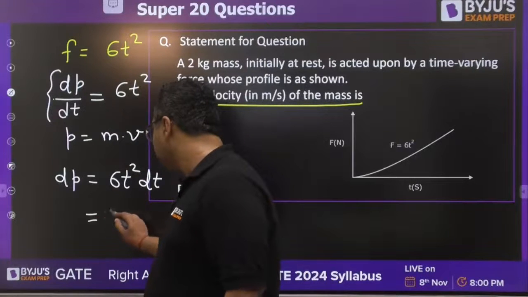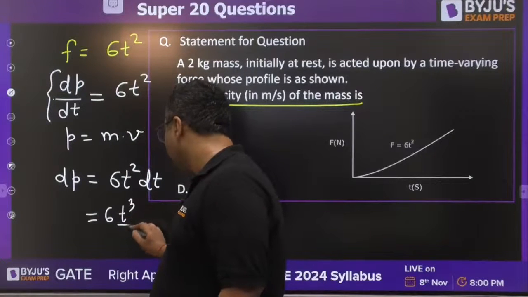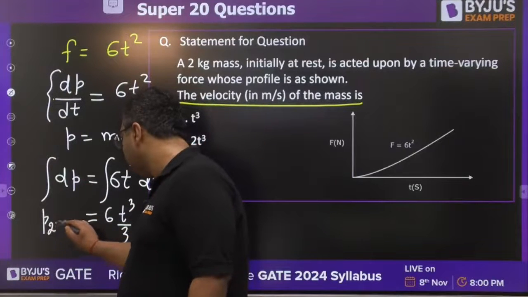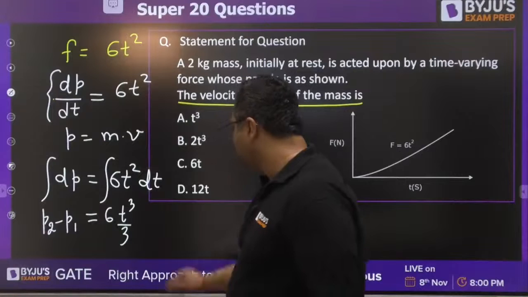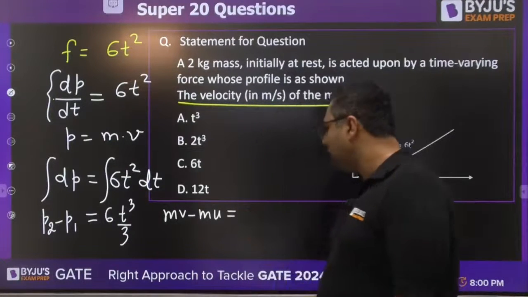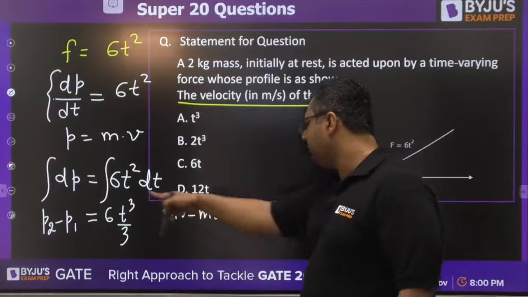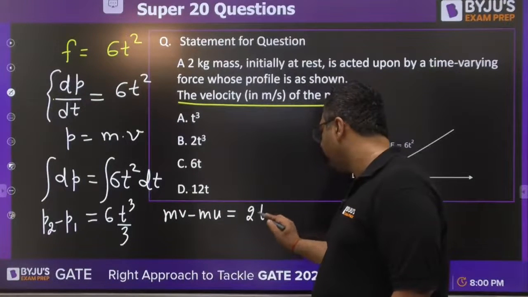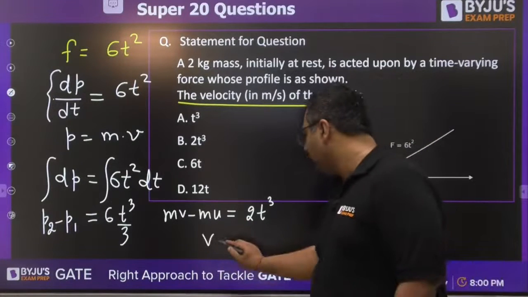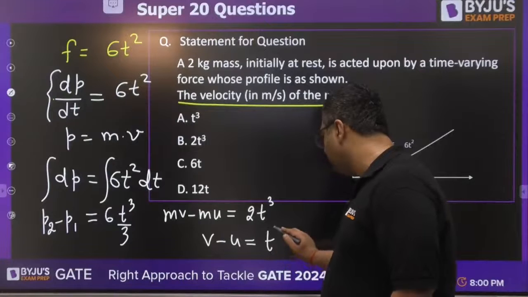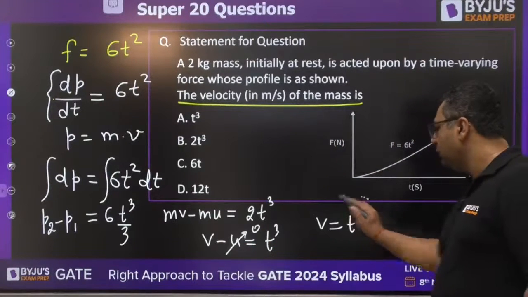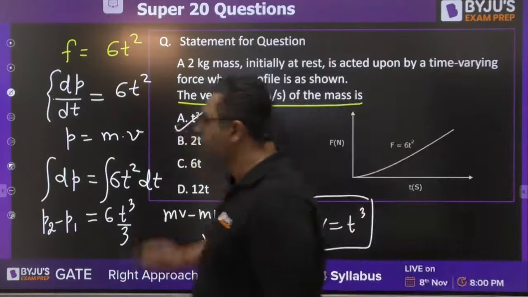So you will be getting 6 t cube by 3 after integration. And here you will get P2 minus P1. So you will be getting mv minus mu is equal to 2 t cube. Mass is 2 kg. So you can say V minus U is equal to t cube. Initial velocity 0, so V is t cube. So velocity will be t cube, A will be the right answer.